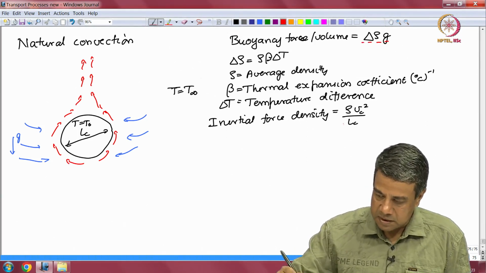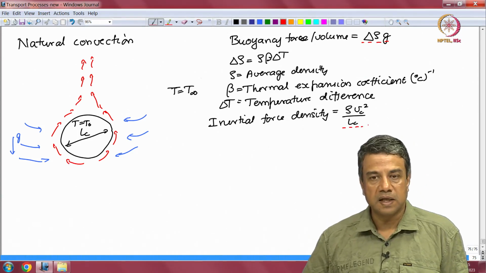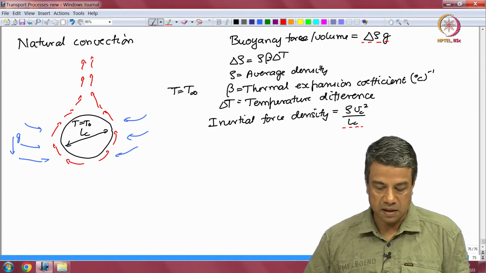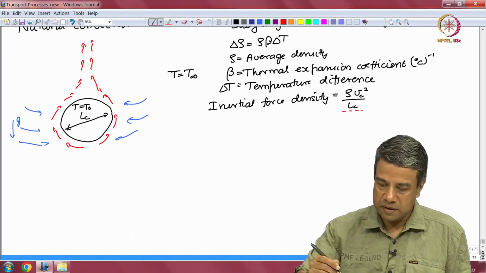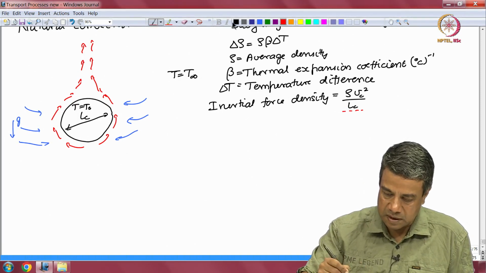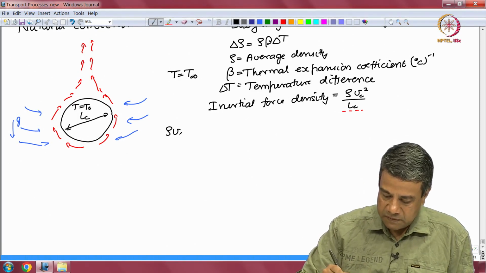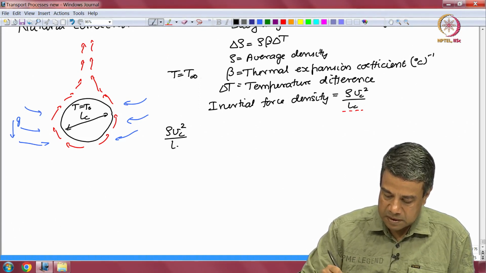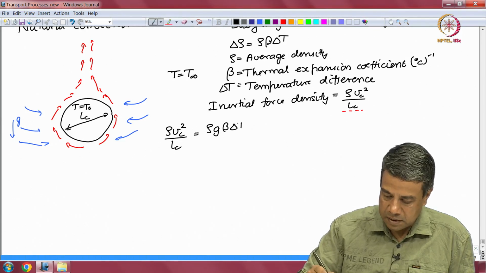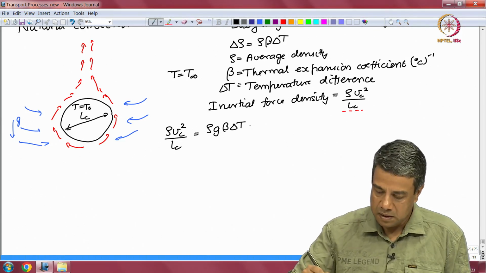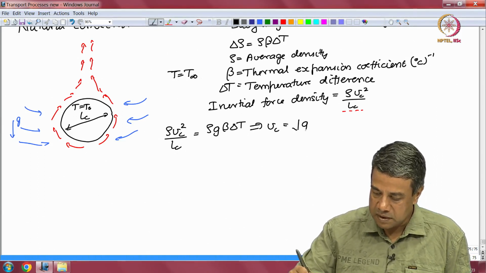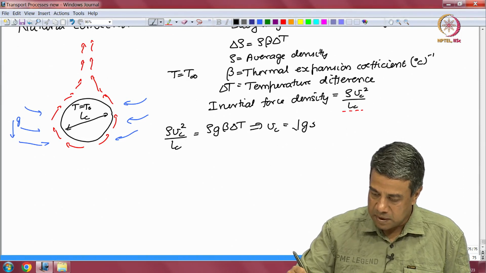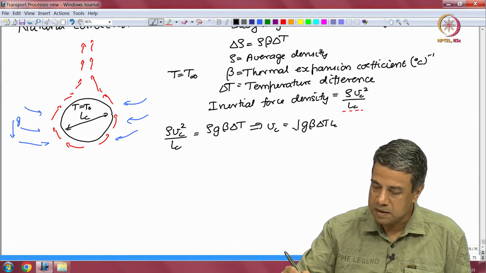And it has the same dimension as this buoyancy force density, where L_c is the characteristic length. This is the dimension of the object, and V_c we do not yet know. We will estimate V_c by balancing the two. That is, rho V_c square by L_c is equal to rho g beta delta T, which implies that V_c is equal to root of g beta delta T into the characteristic length.